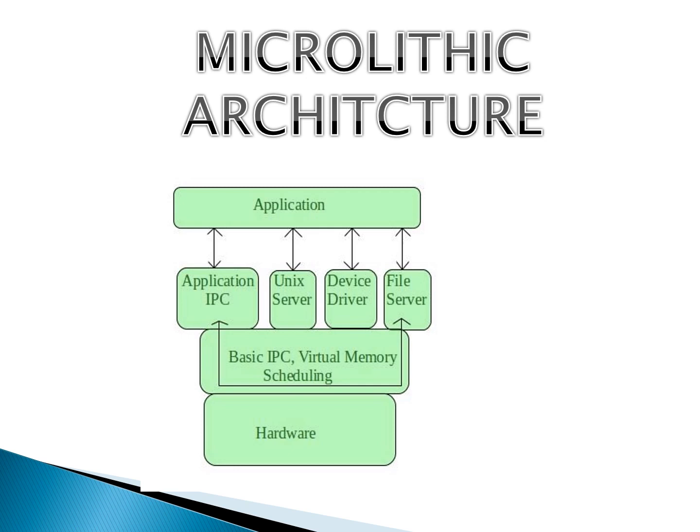The kernel mode is handled by basic IPC, virtual memory, and scheduling. These are the services allowed in the kernel mode. And you have application IPC, Unix server, device driver, and file servers in the user mode.